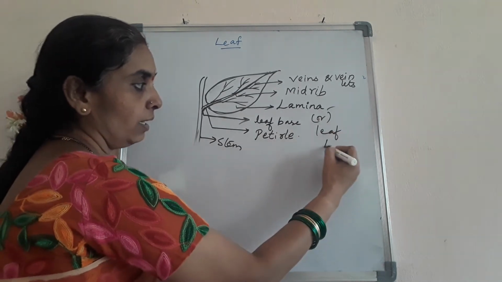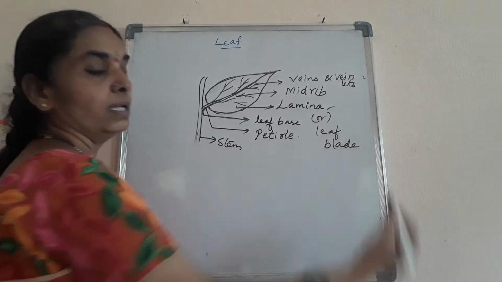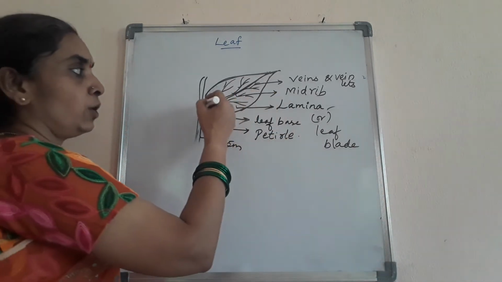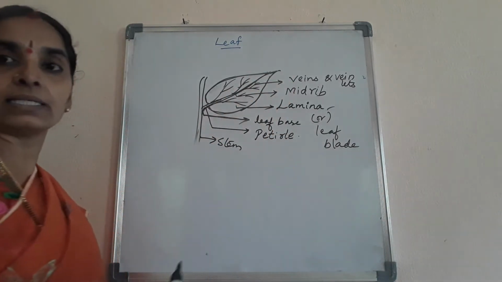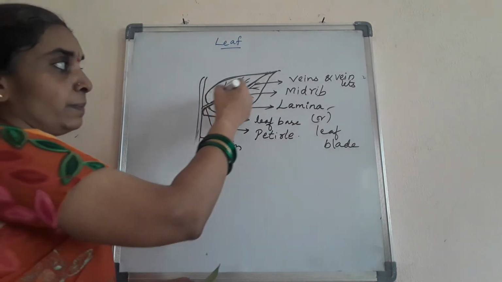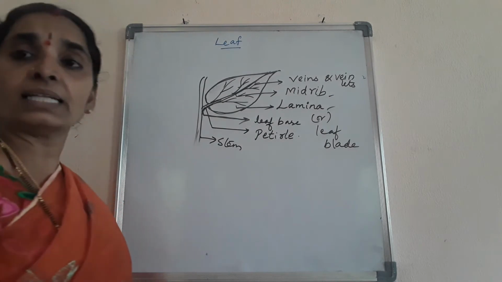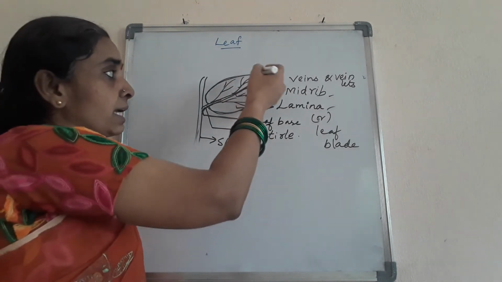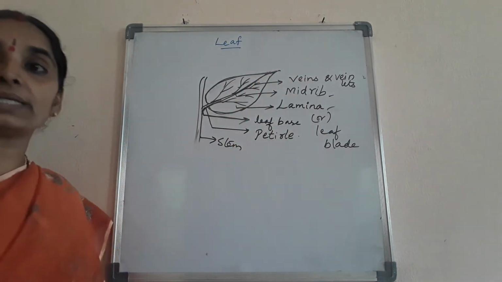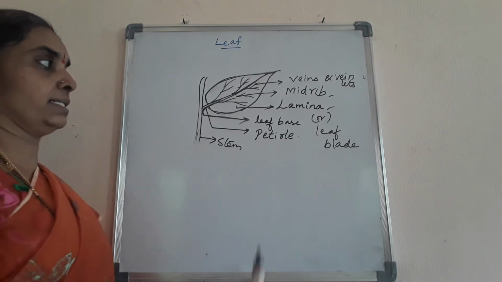What is it called? Lamina or leaf blade. And the long vein that arises from the middle of the lamina is called the midrib. And the hair-like structures that arise over the midrib are called veins and veinlets.